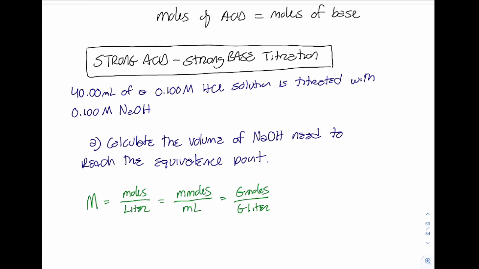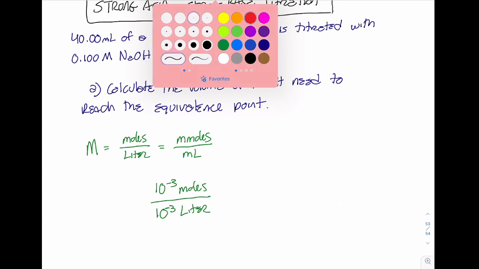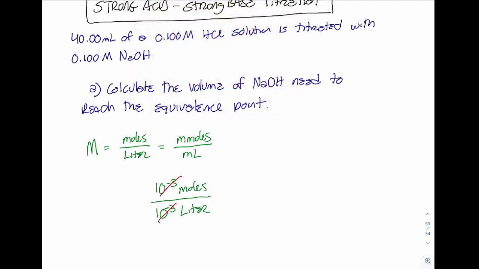If we go back to the milli, if I take 10 to the negative third moles, that is millimoles, and 10 to the negative third liters, that is milliliters. Since one is on top and one is on the bottom, they just cancel out. So millimoles per milliliter is the same thing as moles per liter. Nanomoles per nanoliter, centimoles per centiliter. As long as you have the same metric prefix on the top and the bottom, they cancel out.